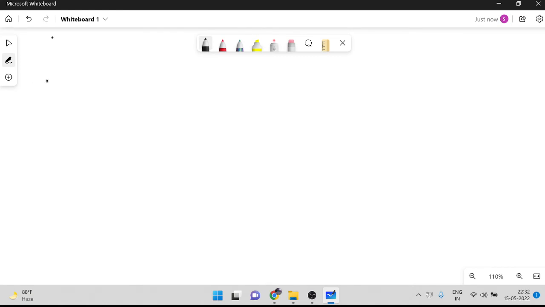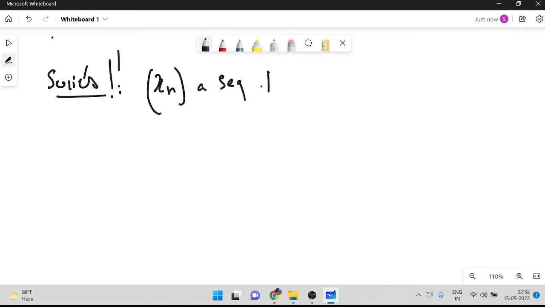Now I'll start with series. So we are done with sequences and now I'm starting series. Let Xn be a sequence. Then sigma i equals 1 to infinity xi, adding all the elements, is called a series.